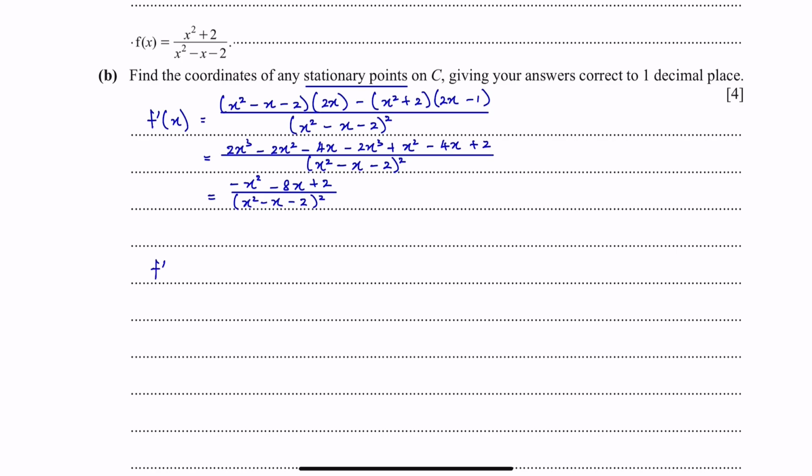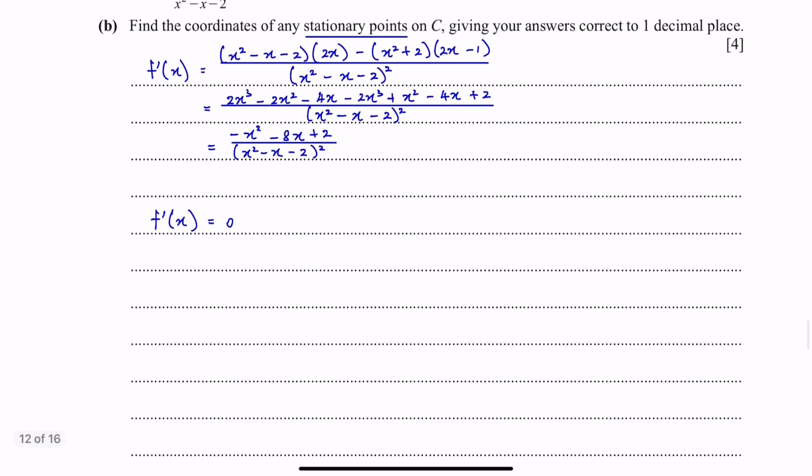And now we equate this whole thing to 0. Since the denominator should never be 0, the numerator should be 0.